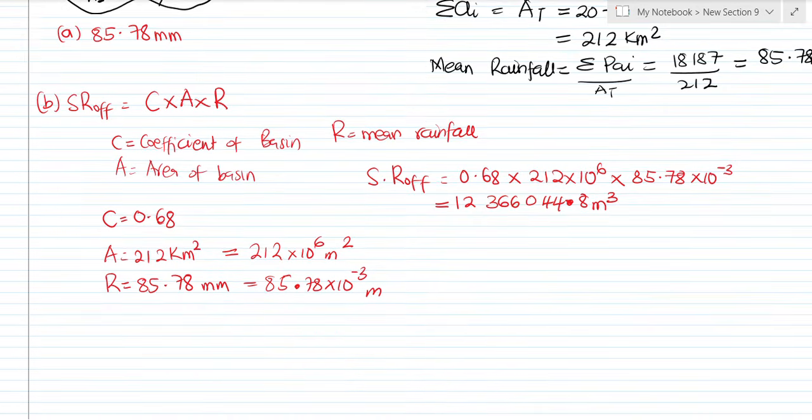This is the surface runoff. So let's keep it somewhere. We have the mean rainfall to be 85.78 millimeters and the surface runoff we had was 12,366,044.8 meter cube.